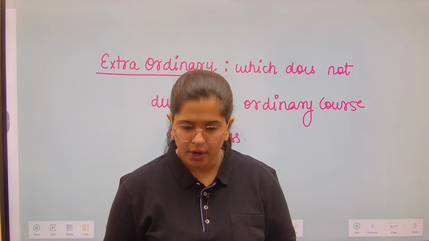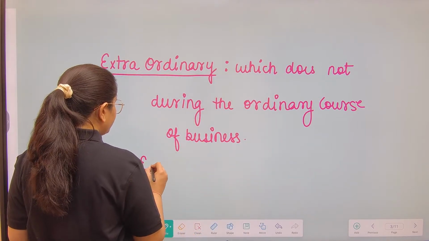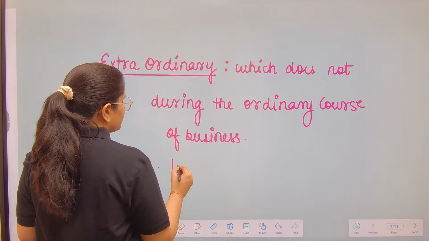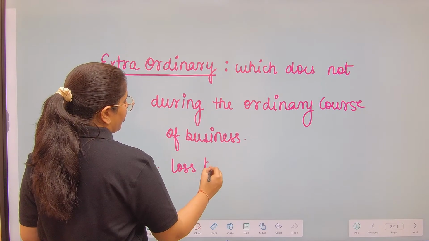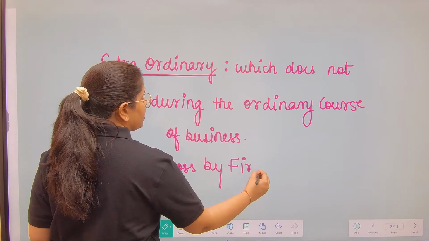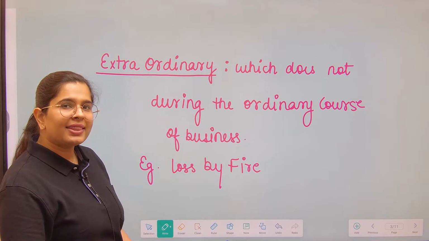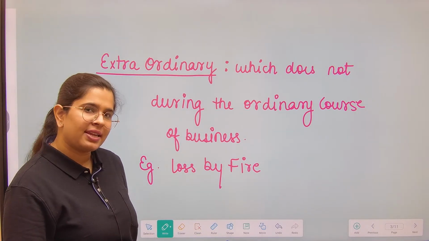Now what is extraordinary? Let me give you an example. Loss by fire. This does not happen during the normal course of business. Tell me, do you expect that there will be a fire in our business every year?